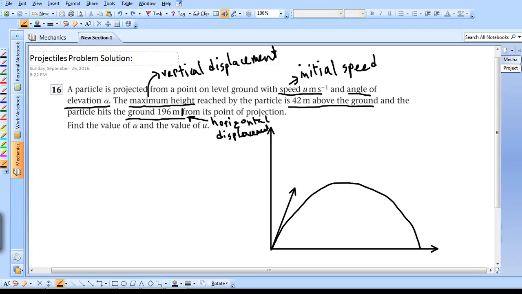So this one is the vertical displacement and this one is the horizontal displacement. And they have asked us to find the value of alpha and the value of u.